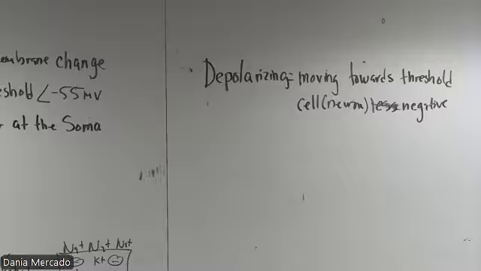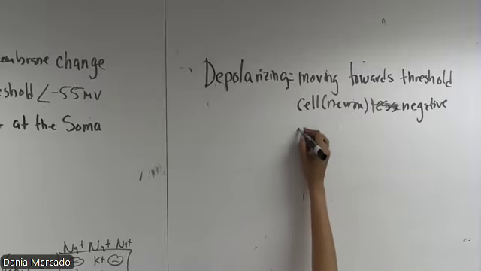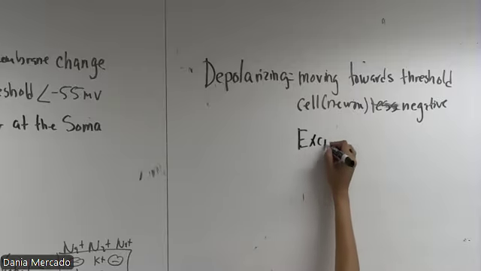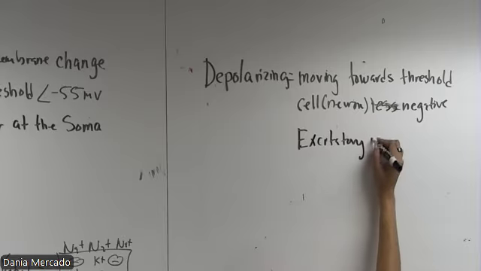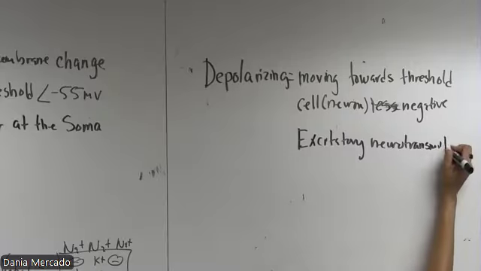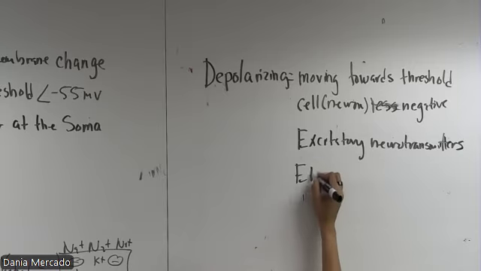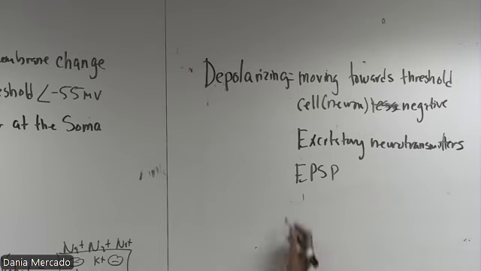So moving towards threshold is depolarizing. Cell is less negative. So these are going to be your excitatory neurotransmitters, right? Which we also know as EPSPs, right?